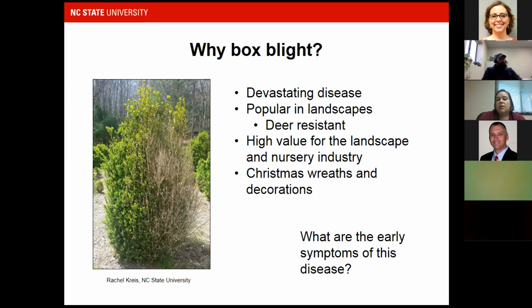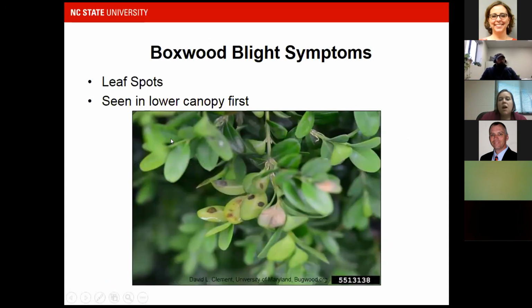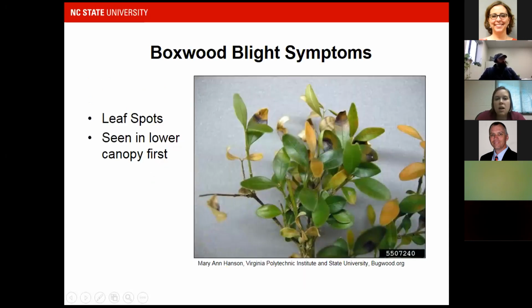So what are the first symptoms we see before it gets to this stage? The first thing we see are leaf spots, and I have several pictures here of the leaf spots, and you'll see them in the lower canopy first. You can see these small black necrotic lesions on the leaves. And then here, some more examples of the lesions, and you'll see the browning of the leaves, and they might be on the tips.